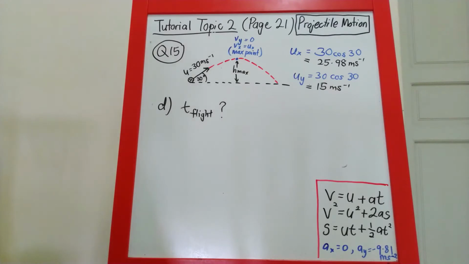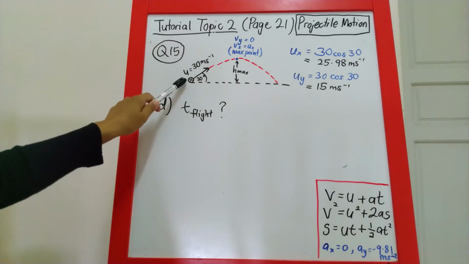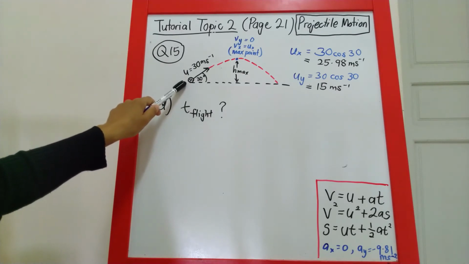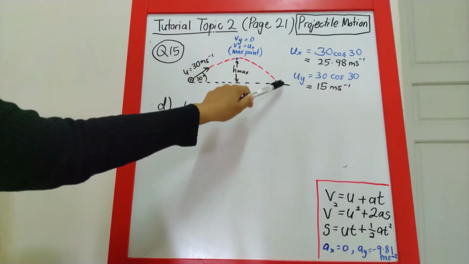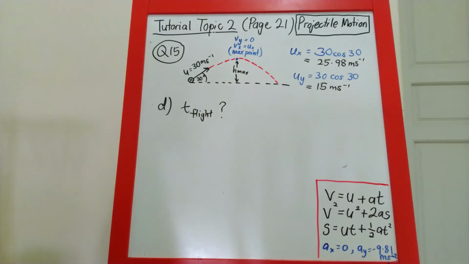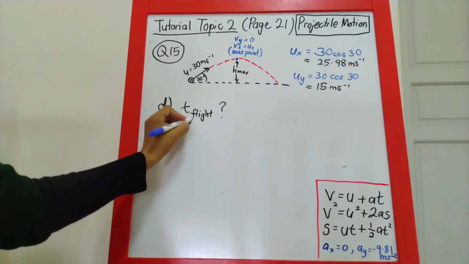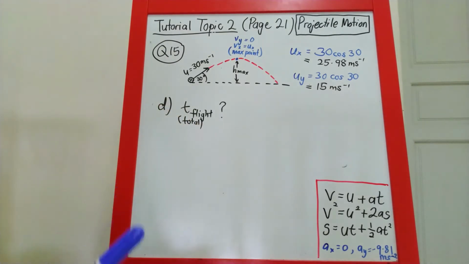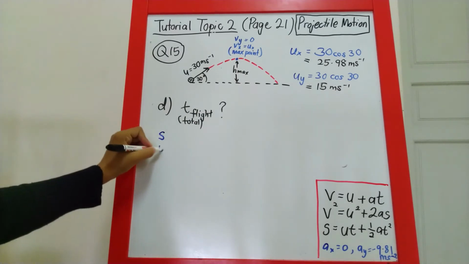For part D, it asks for the time of flight. Time of flight simply means the total time for the golf ball to travel from here initially up until it hits the ground again. Therefore, we need to find the total time. Let's do SUVAT analysis.